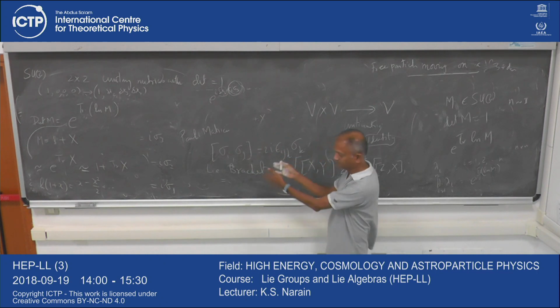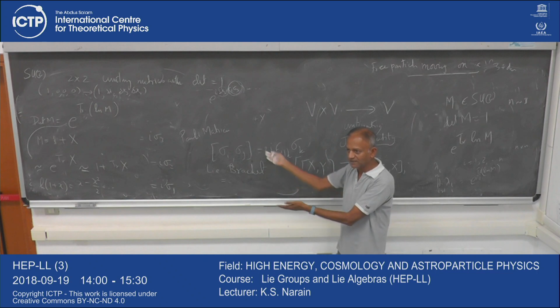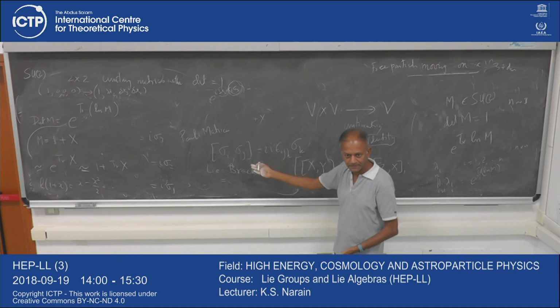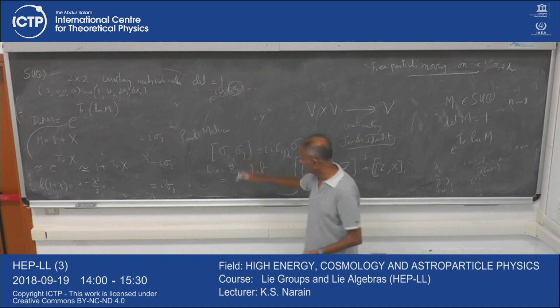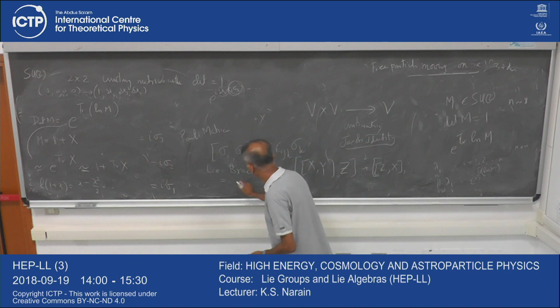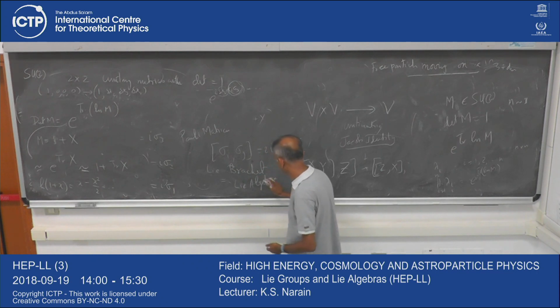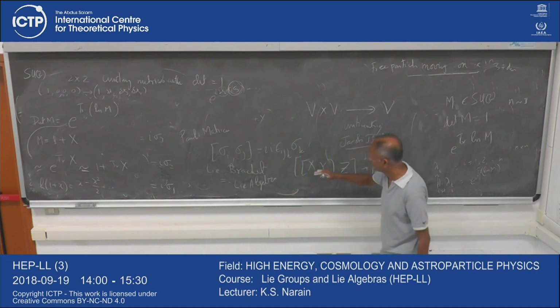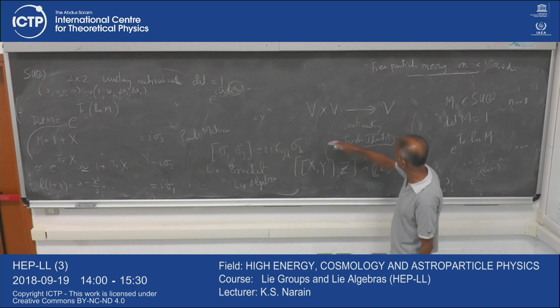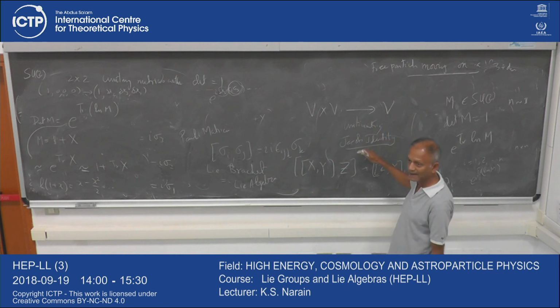But here we see by actual construction that there is this algebra structure. So that's why these are called Lie algebras. So a Lie algebra is a vector space together with a map, an antisymmetric linear map which satisfies the Jacobi identity.